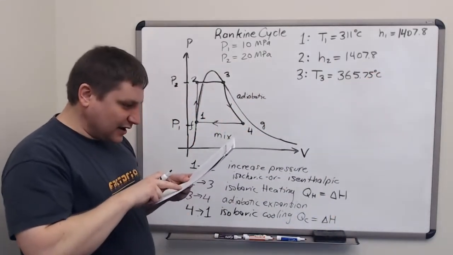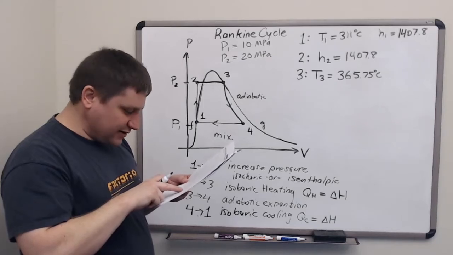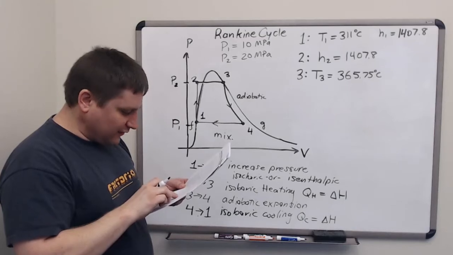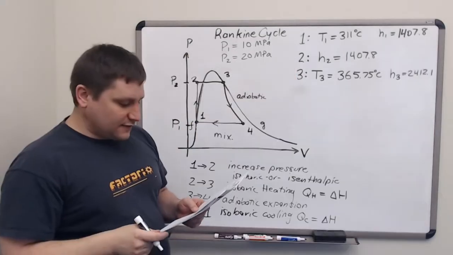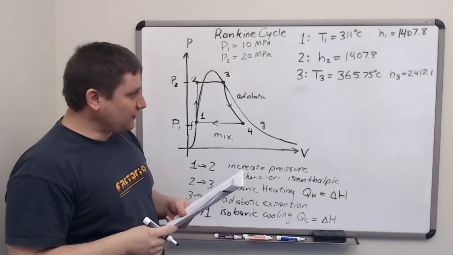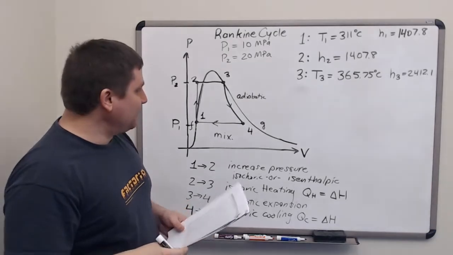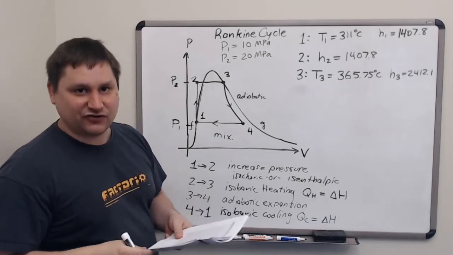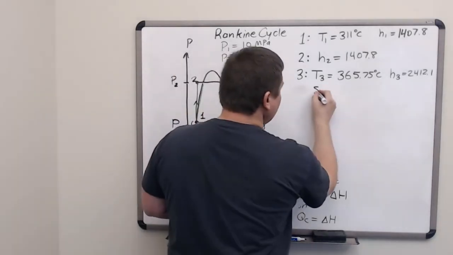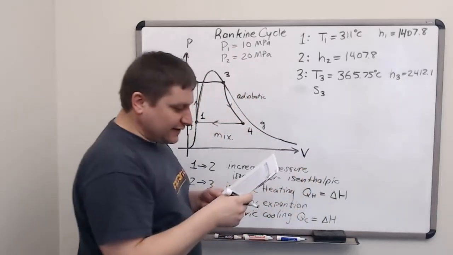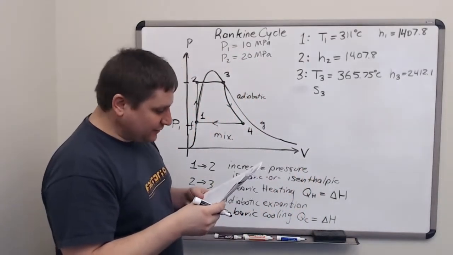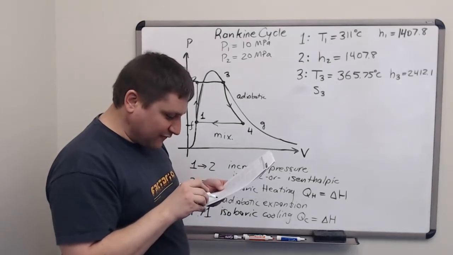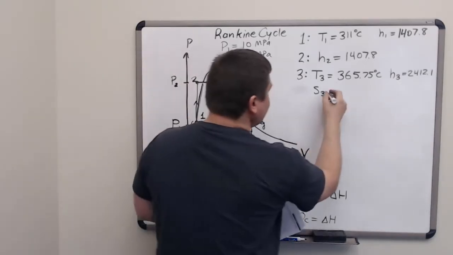And the enthalpy of the saturated vapor is 2,412.1. The other thing that we'll need to know about location 3 is its entropy. Because 3 and 4 are connected by an adiabatic step, they will have the same entropy. In the saturated vapor column for entropy, on the row for 20 megapascals, we see an entropy value of 4.931.